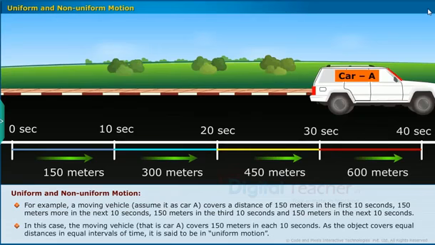In this case, the moving vehicle, that is car A, covers 150 meters in each 10 seconds. As the object covers equal distances in equal intervals of time, it is said to be in uniform motion.